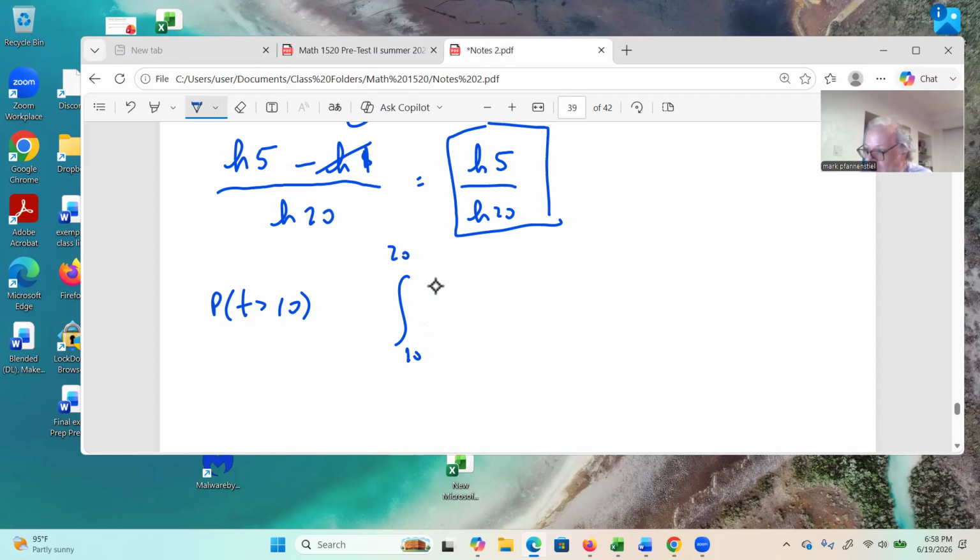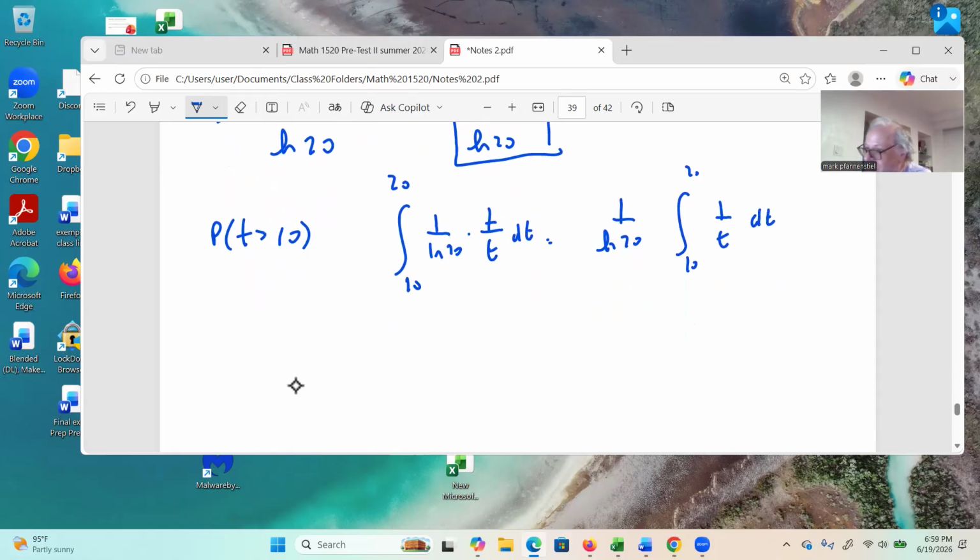So this is going to be 1 over the natural log of 20 times 1 over t dt. This is pretty nice to figure out. This is 1 over ln 20 times the integral between 10 and 20 of 1 over t dt. Again, that's a very straightforward integral, which is nice for a change. Natural log of t going from 10 to 20. Plug that in.